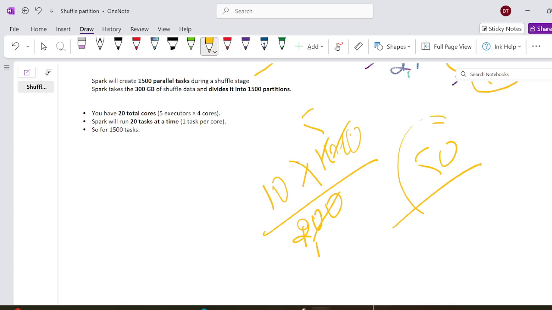If you give 50 as the shuffle partition, that is enough for this particular data. This is the way we can calculate the shuffle partition, especially if your task keeps running and taking longer than expected.